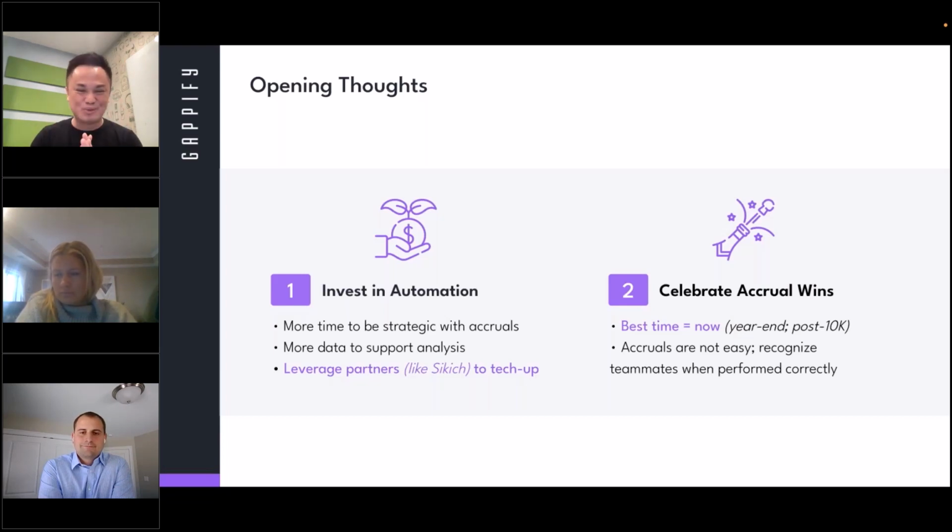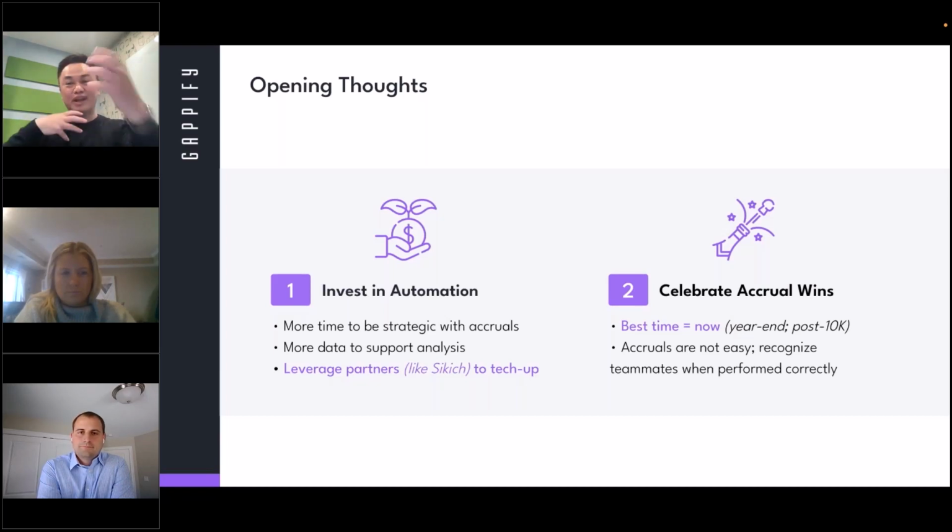So my first bullet here, I think if you're a calendar year end, and if you went through your audits cleanly, no material accrual issues, please take a moment, celebrate those folks in your team, because especially in this industry, the biotech and life sciences industry, how hard it is to get this right. So take a moment and give them a high five, shoot them a shout out on LinkedIn.